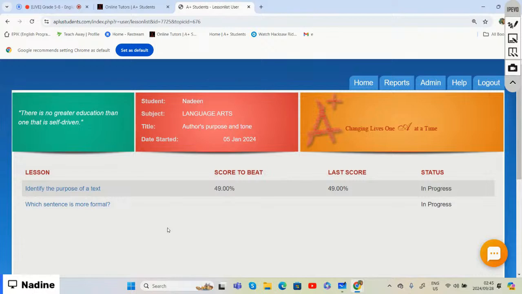We spoke about author's purpose and tone, and the purpose of the author is to persuade us, to inform us, as well as to entertain us. There are different ways in which they can entertain us through comedy, funny books, and stories, inform us through cooking books, newspapers, and magazines, as well as persuade us by means of advertisements.